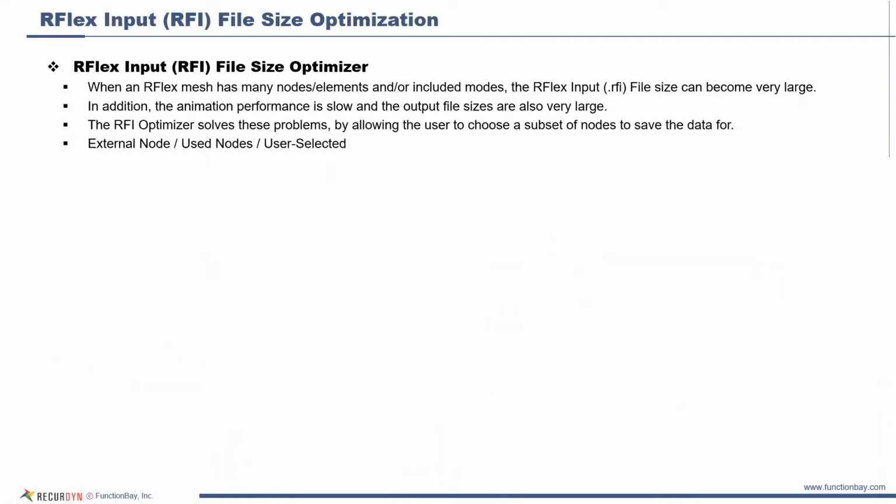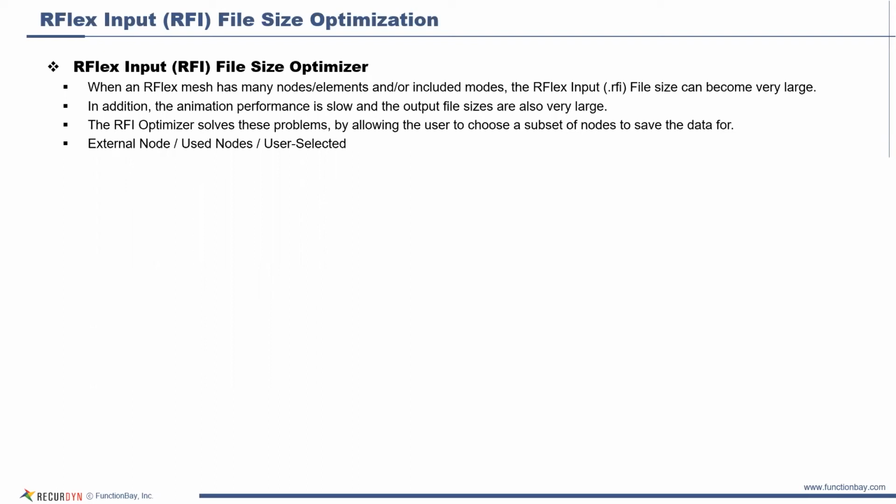There have also been enhancements to the RFlex input files. There are some features to optimize the file size. Often if you have a very complex mesh representing your RFlex body that has many nodes and elements, or also included modes, then the R5 file can be very large.